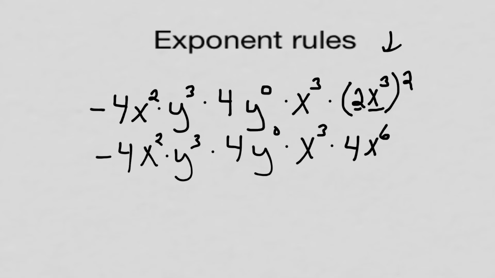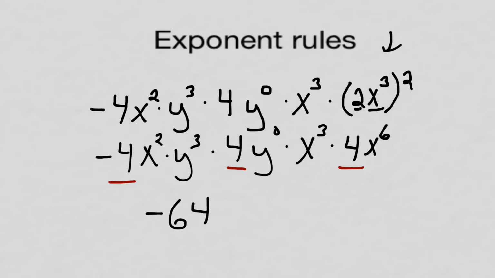Now we're just going to combine things. I am going to look at my coefficients, my numbers. I've got negative 4 and times 4, which is going to give me negative 16. Negative 16 times 4 is going to give me negative 64. Probably need your calculators for that. It's no big deal.